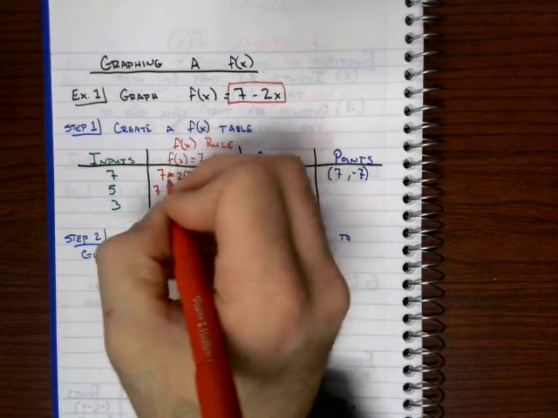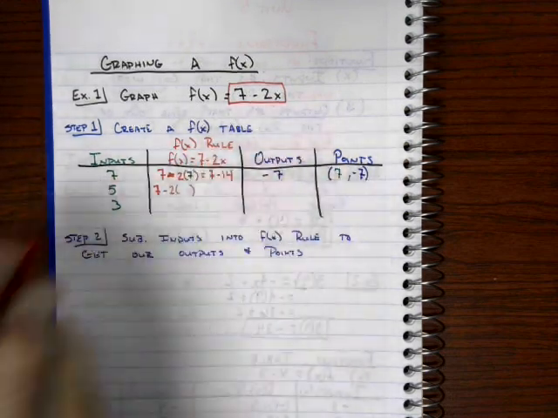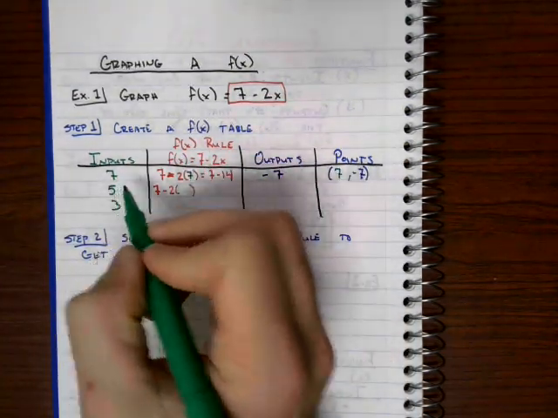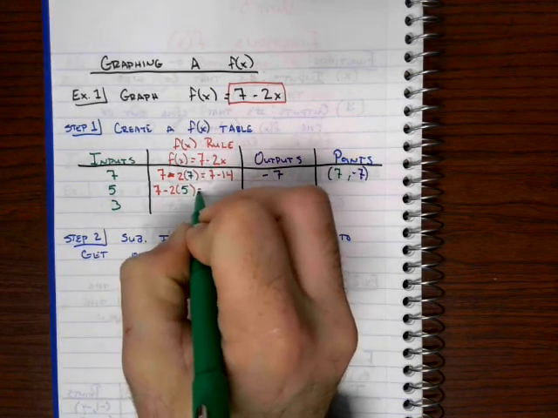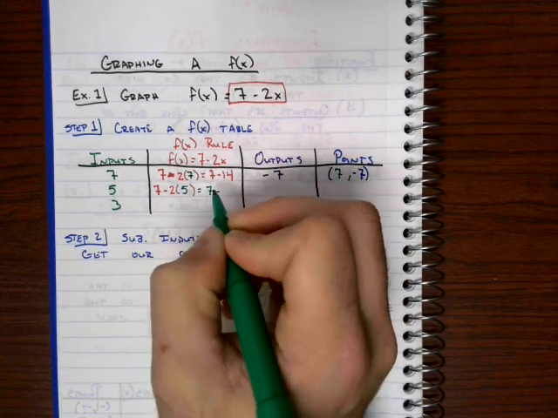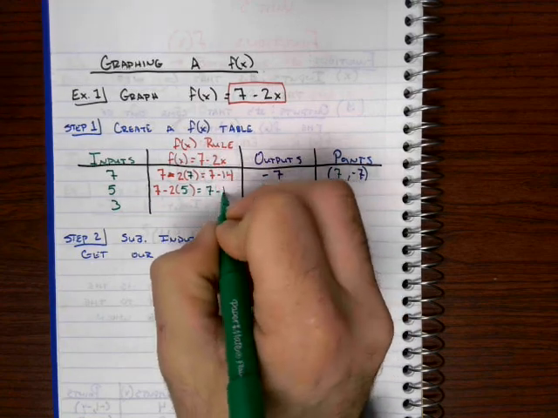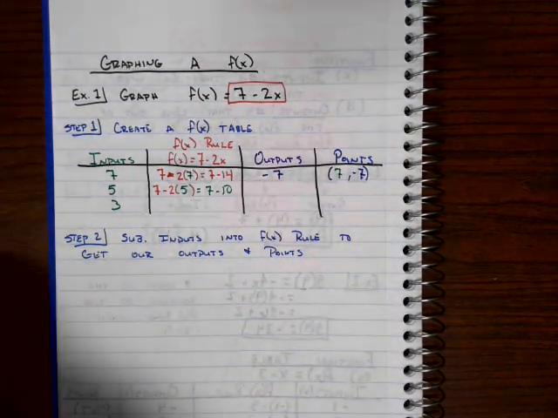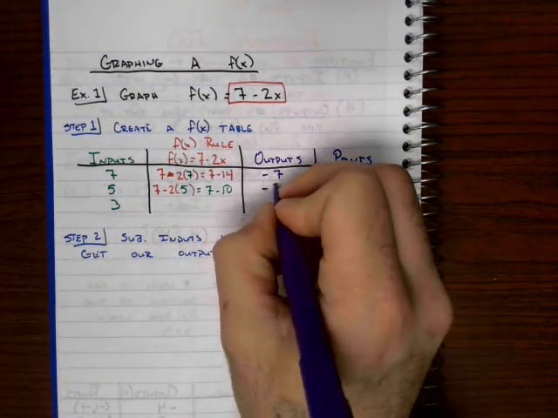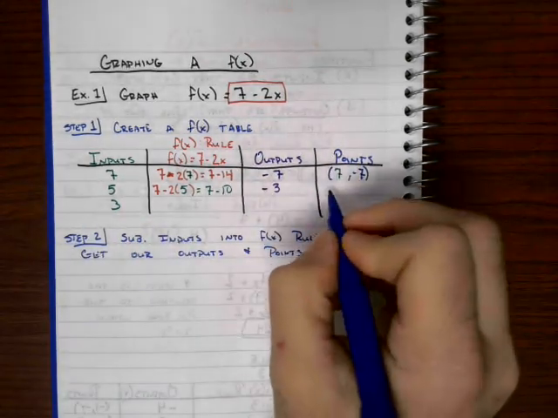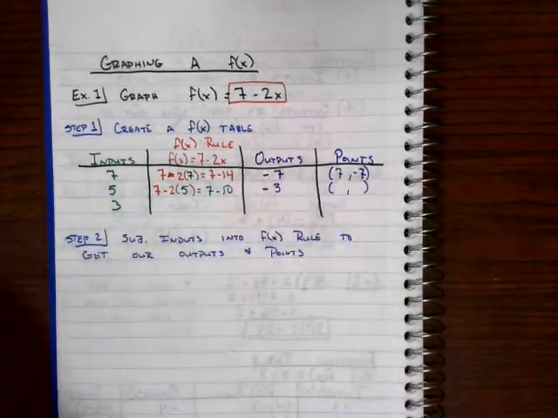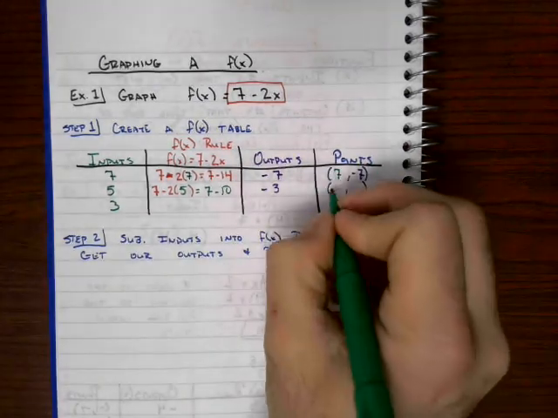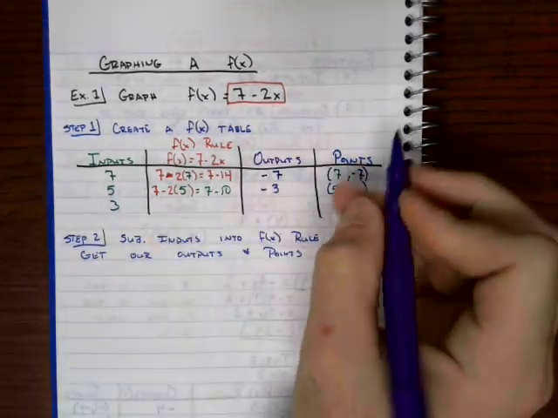So 7 minus 2 parentheses. What goes in my parentheses? Whatever my input is, 5. And that's going to be 7 minus 2 times 5 is 10. So then 7 minus 10 is going to give me negative 3. So my coordinate point here is going to be 5, negative 3.